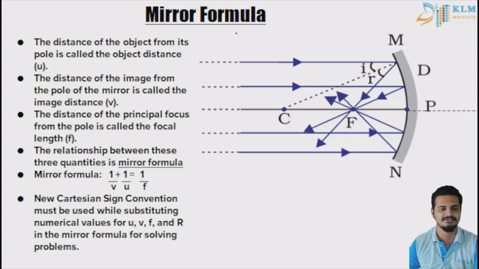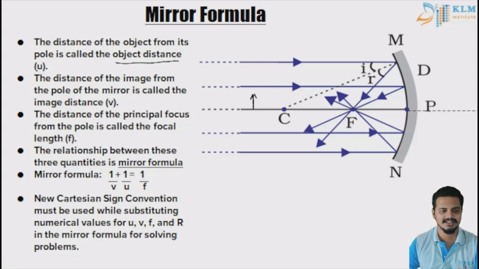One is the mirror formula. We'll understand the terminologies in this formula. The distance of the object from its pole is known as object distance. Imagine there is an object here, okay? The distance between the object and the pole is known as object distance.